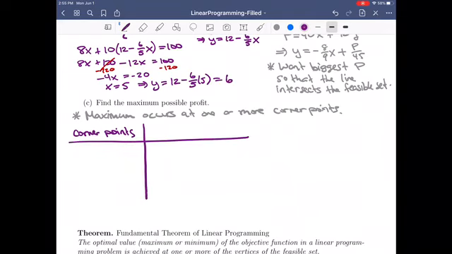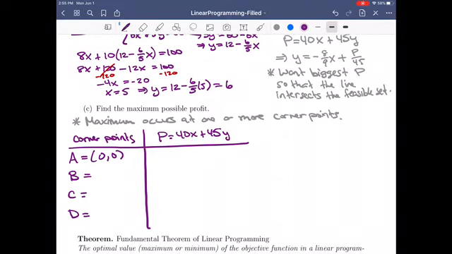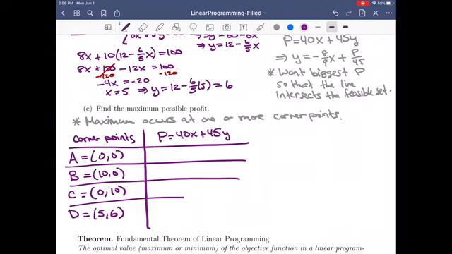So I want each corner point, and then I'm going to find its p-value, and I want to pick the biggest one. A was 0, 0, B was 10, 0, C was 0, 10, and D was 5, 6. So when we have point A, we're plugging in zeros everywhere, so P is going to be 0.